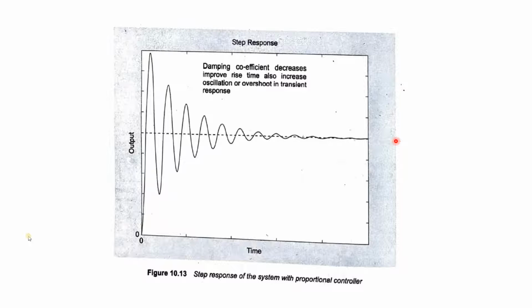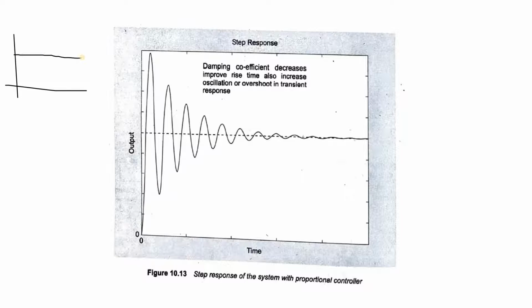So with the help of the proportional controller only, the amplitude of the overshoot increases too much, and the settling time also increases. Most importantly, the steady state error is not always addressed.